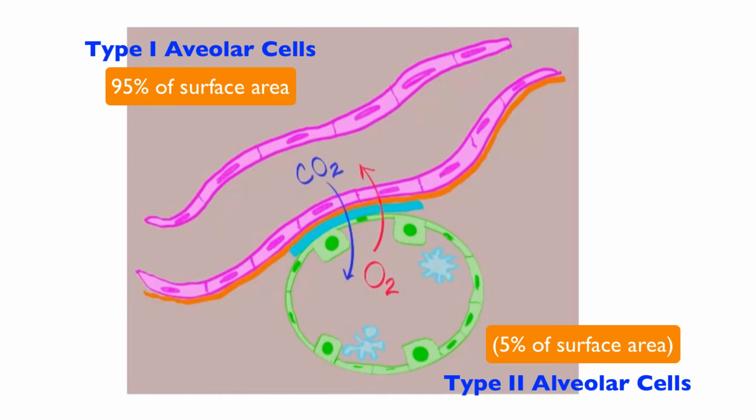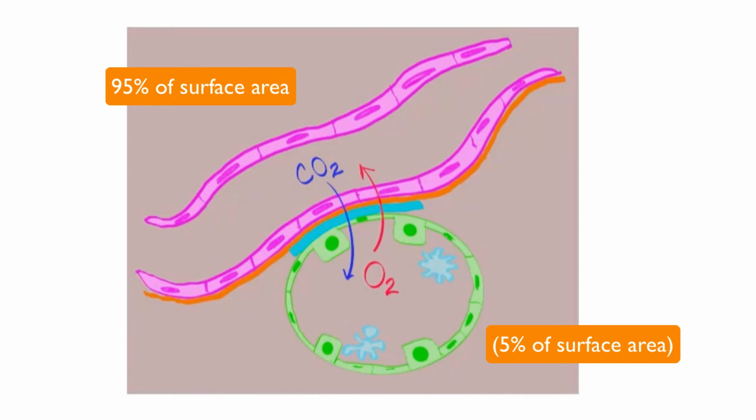But there are more type 2 cells than type 1. That is to say, there's more of these cuboidal cells than the squamous cells, even though the type 1 alveolar cells make up 90% of the surface area. And that's because these type 2 cuboidal cells are so small.